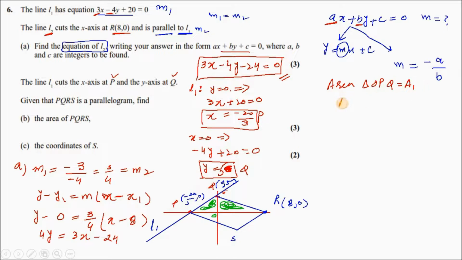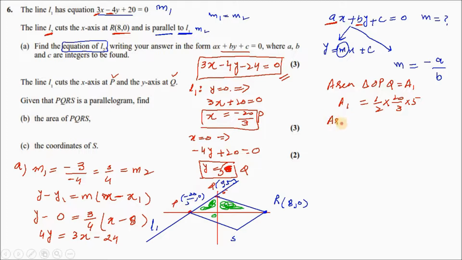So A1 would be equal to half of base times height. So base is 20/3 because it's all about length, times height. Height is 5. So this is the area. You can solve it. You can find the area A1, and then you will work out A2.